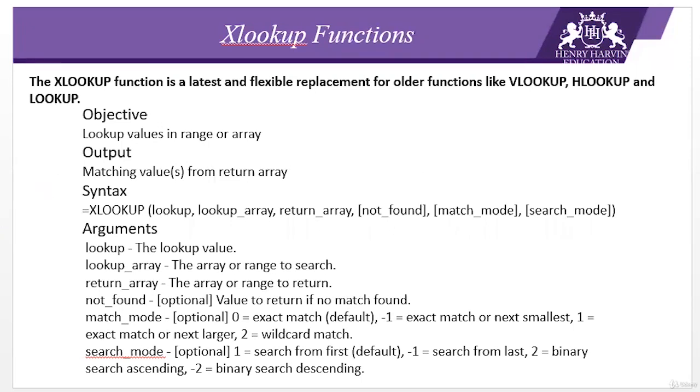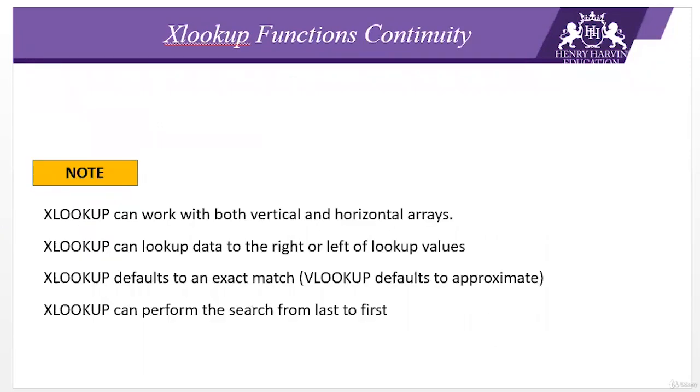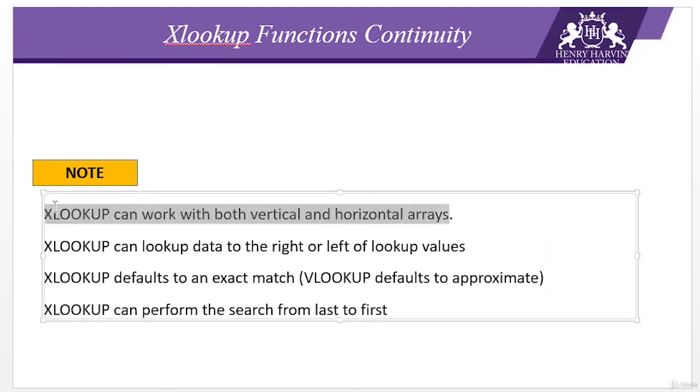Let's get started, guys. And before we get into that, just understand this. XLOOKUP can work with both vertical and horizontal arrays. This is a characteristic of this function. XLOOKUP can look up data to the right or left of lookup values. XLOOKUP's default value you can also set, but the default is exact match, whereas VLOOKUP's default is approximate, guys.